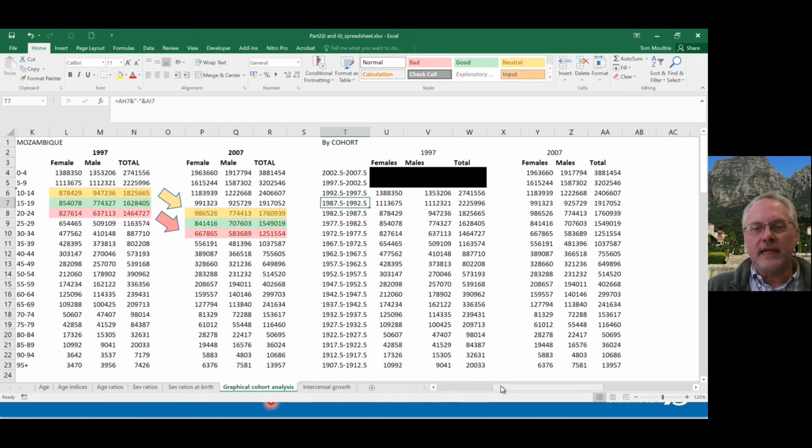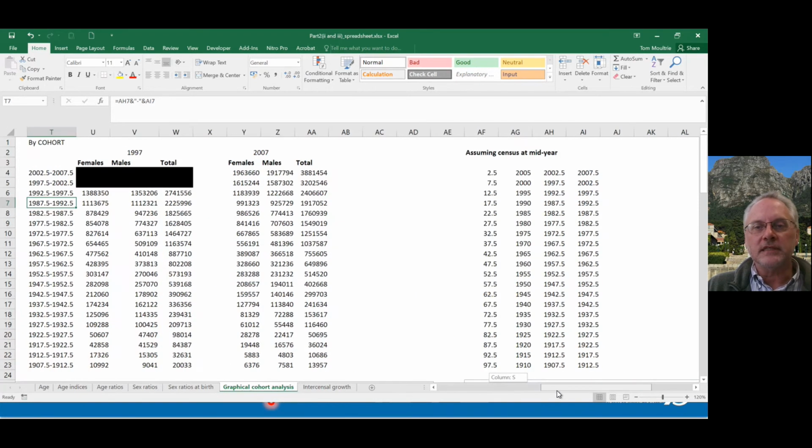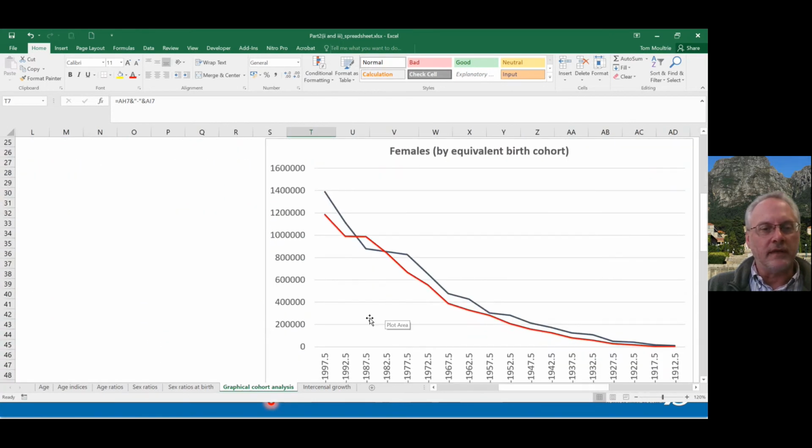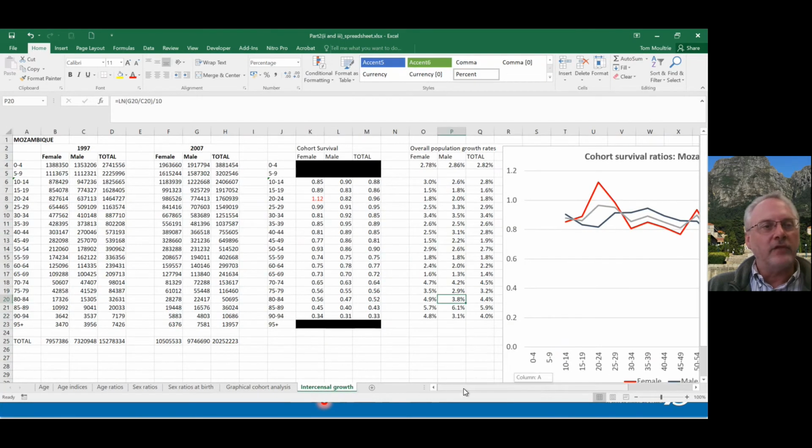The graphical cohort analysis basically takes those tabulations and plots them, as we saw in the graph over here. When we're looking at intercensual growth, again, these are data from Mozambique, from those two censuses, 1997 and 2007.